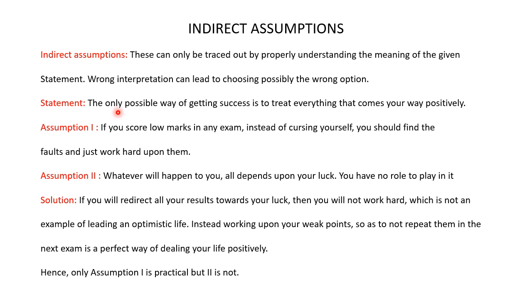The only possible way of getting success is to treat everything that comes your way positively. Assumption 1 says, if you score low marks in any exam, instead of cursing yourself, you should find the faults and just work hard upon them. Assumption 2 says, whatever will happen to you all depends upon your luck. You have no role to play in it.